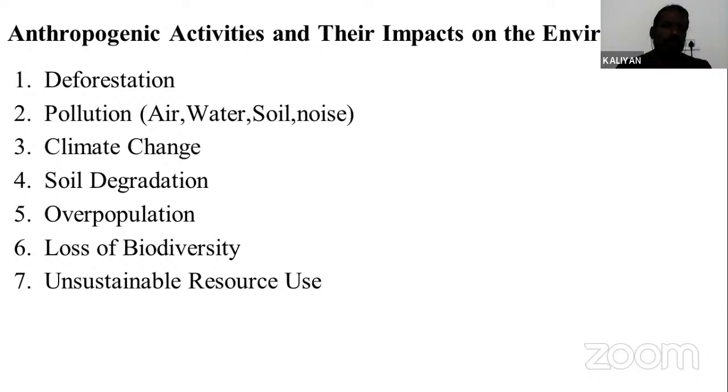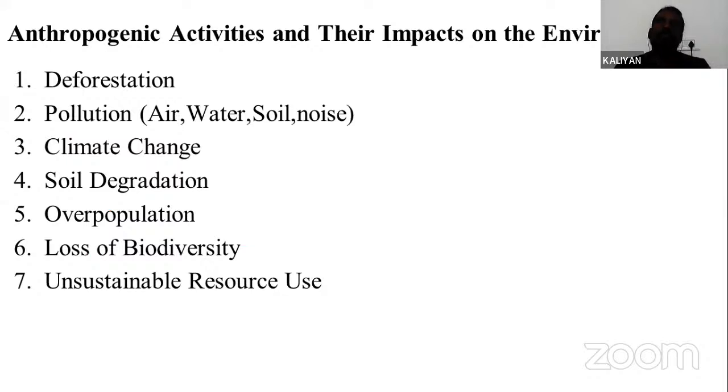The impacts are deforestation, pollution, climate change, soil degradation, overpopulation, loss of biodiversity, and unsustainable resources. Deforestation: cutting the trees. Pollution: because of our activity, air, water and soil are polluted, and we create noise pollution.